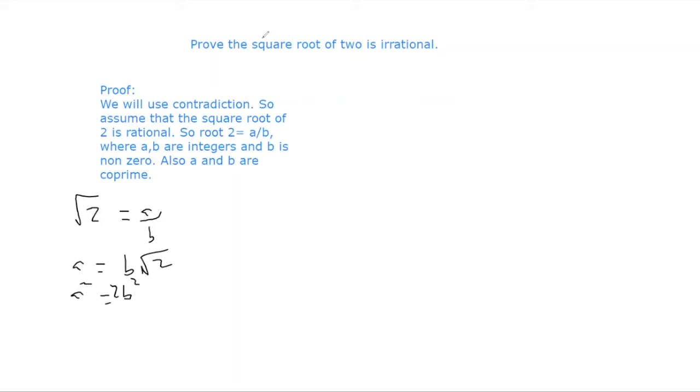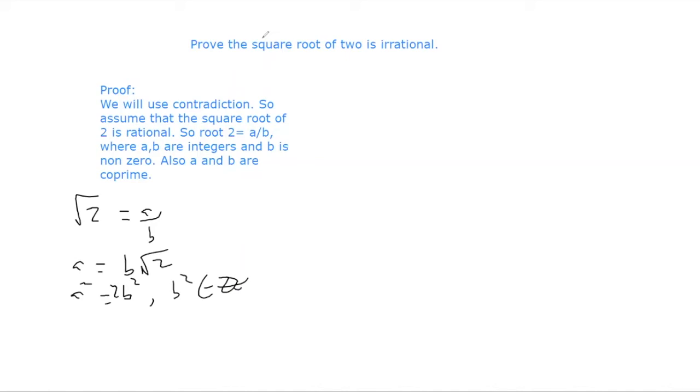So notice b squared is an integer. So we have an integer times 2, so then we know a squared is an even number.